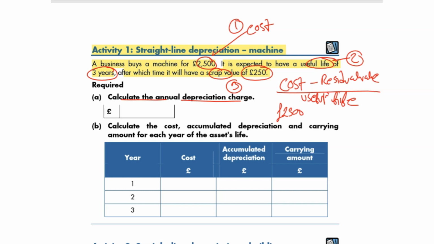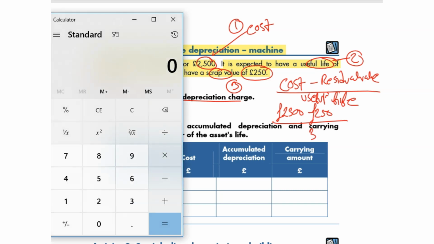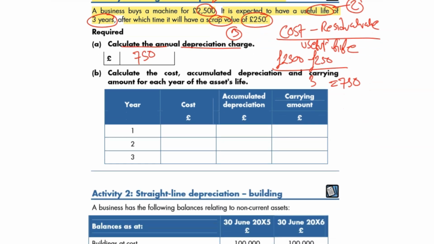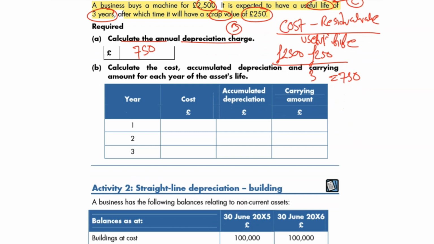Scrap value or residual value is minus 250, over how many years? 3 years. So let's take out our calculator. 2,500 minus 250 divided by 3. 750 is your depreciation. That's such simple stuff to do. In part B, we are going to do something very interesting.